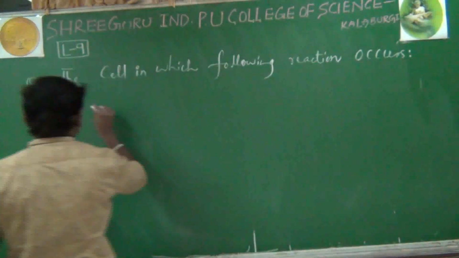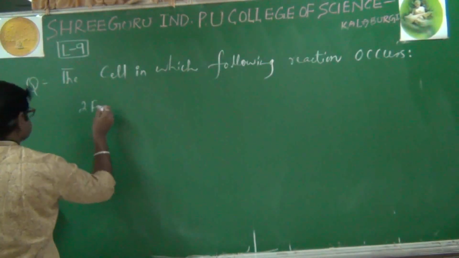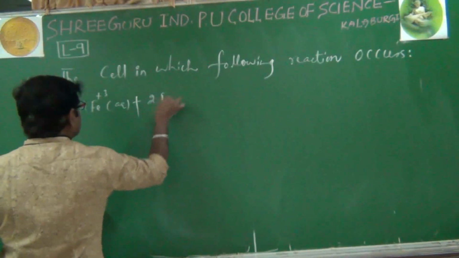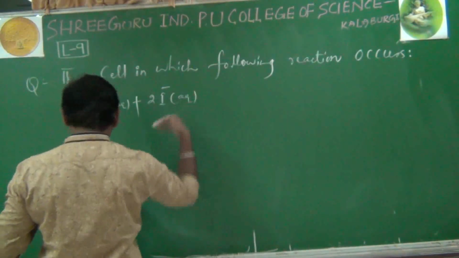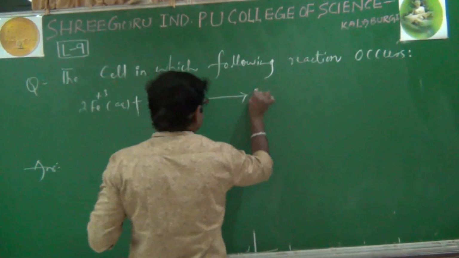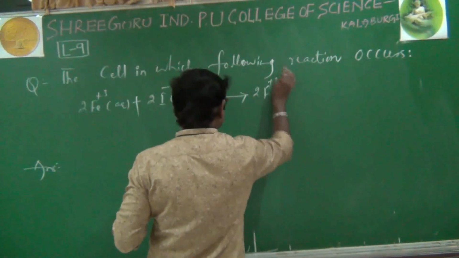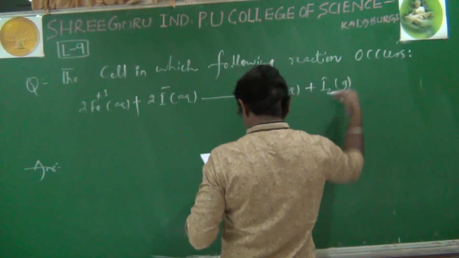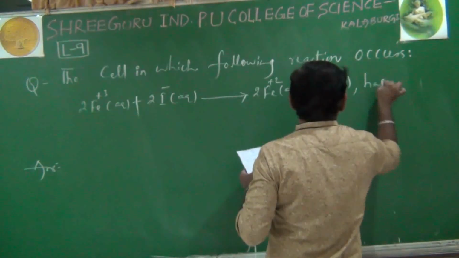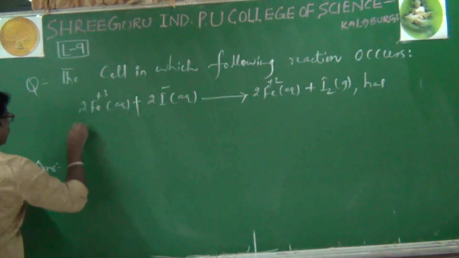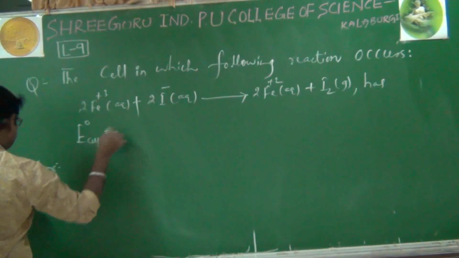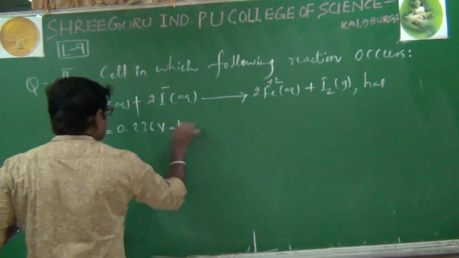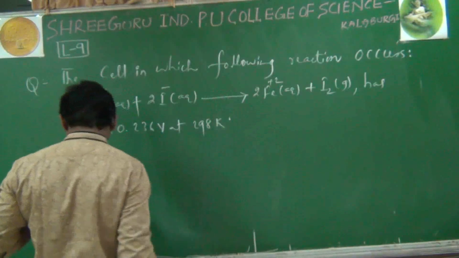One reaction is given in the question: 2Fe3+ (aq) + 2I- (aq) gives 2Fe2+ (aq) + I2 (g), with E naught cell equal to 0.236 volts at 298 kelvins.